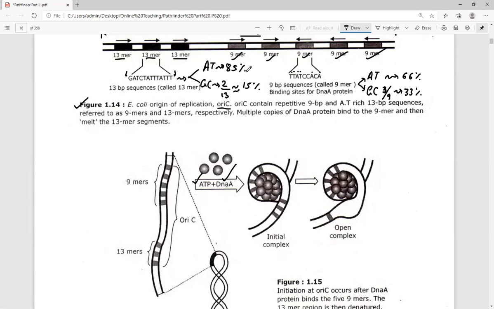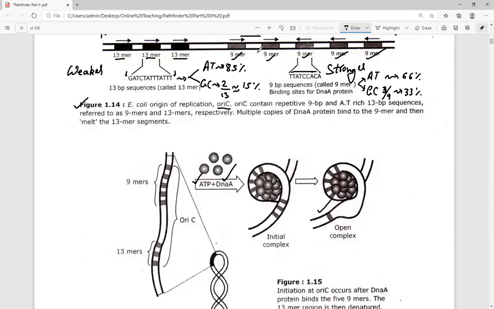Now, what does this mean? This means that the bonds in the 9-mer region are much stronger, and the 13-mer region is much weaker. Because this region is weaker, you use the 9-mer region as an axle in order to melt the DNA at the 13-mer region, because the AT content of the DNA at the 13-mer region is very high.